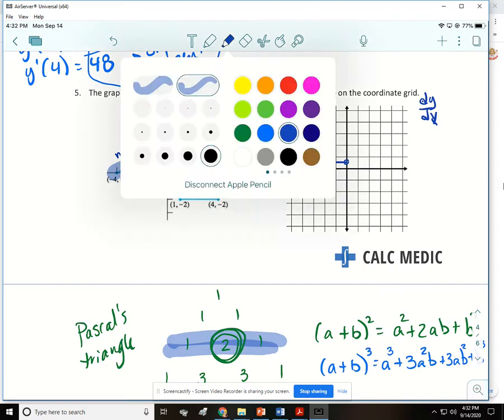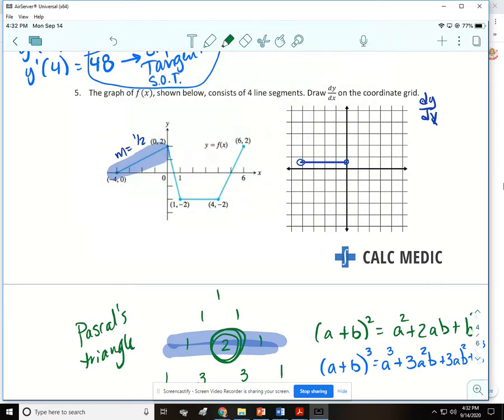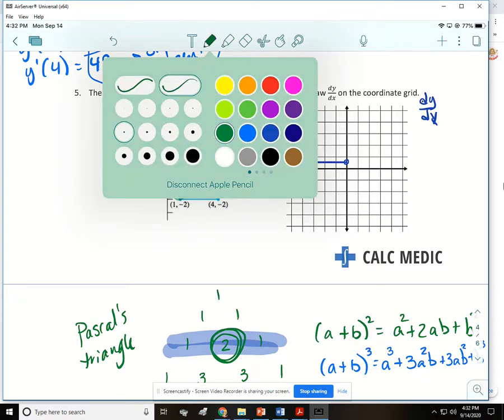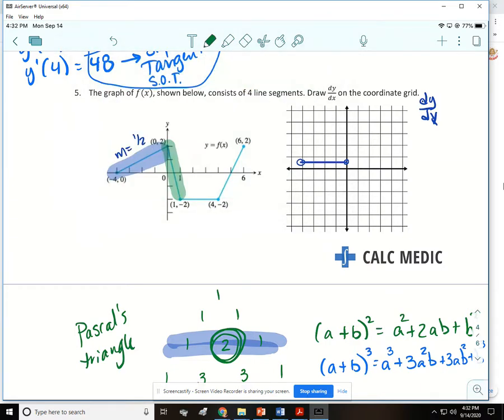Okay, so then we look at this section right here. And when I look at that section, we're dropping 4 and going right 1. So in that little section, my slope is -4. So between 0 and 1, I'm going to have a little line at -4.